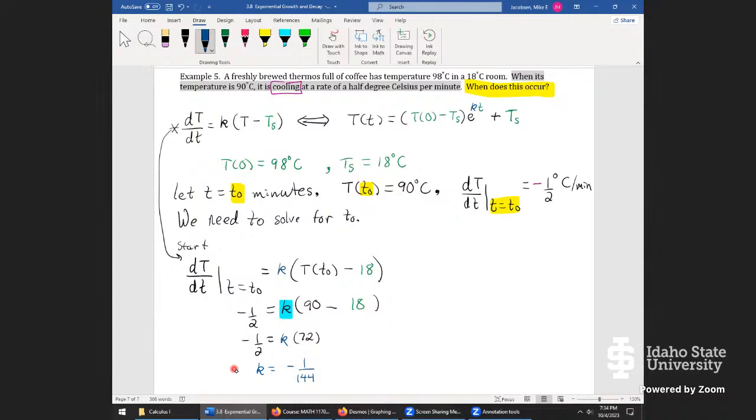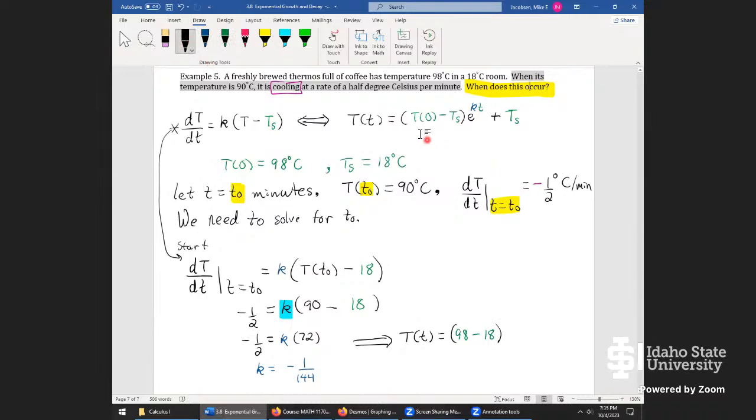Okay, next thing to write out is all of this implies finally that the temperature at any time T, so not a T naught just yet, is going to be T naught minus Ts. So T at 0 or T naught is 98 degrees, my surrounding temperature of 18 degrees.